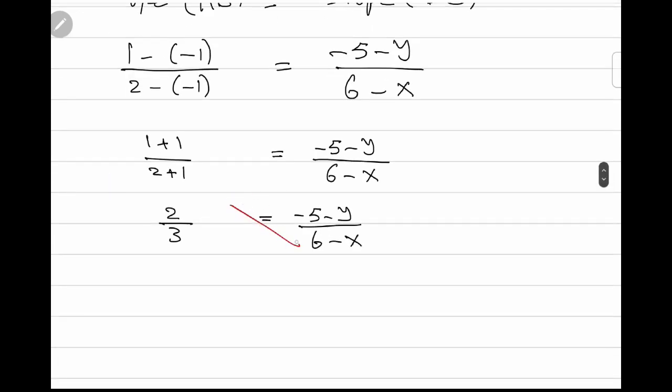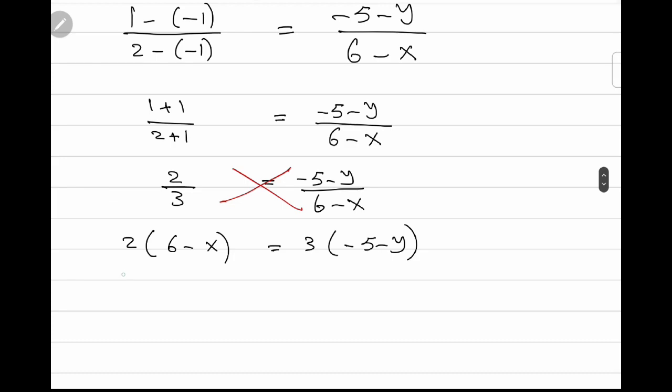And then we can do cross multiplication to get 2 times 6 minus x equal to 3 times minus 5 minus y. Now you can distribute. 2 times 6 is 12 minus 2x equal to 3 times minus 5 minus 15, and 3 times minus y is minus 3y.